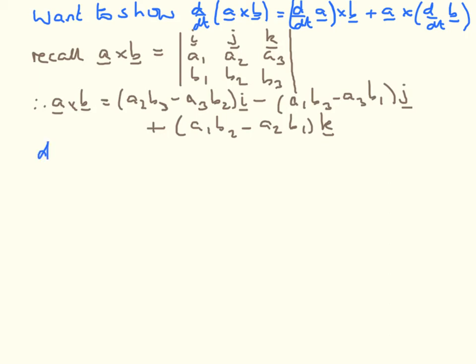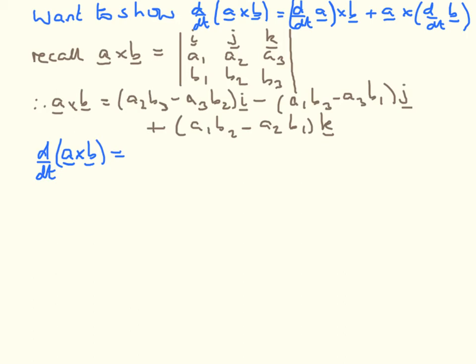So let's differentiate with respect to our parameter A cross B, and I'm just going to look at the I component, these terms here, and then I'll just say plus other components for this. So what we're going to get is we're going to differentiate this and this from the product rule.